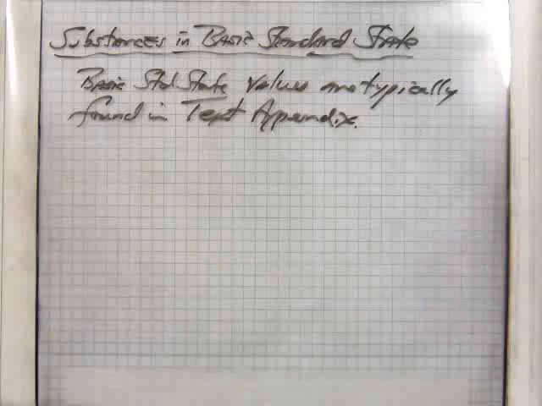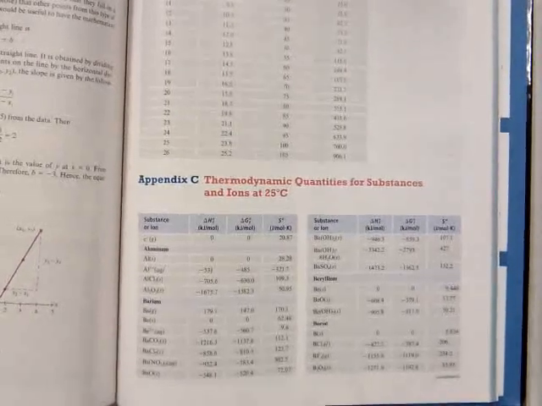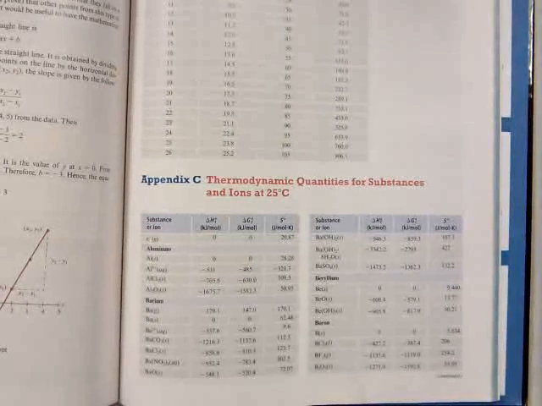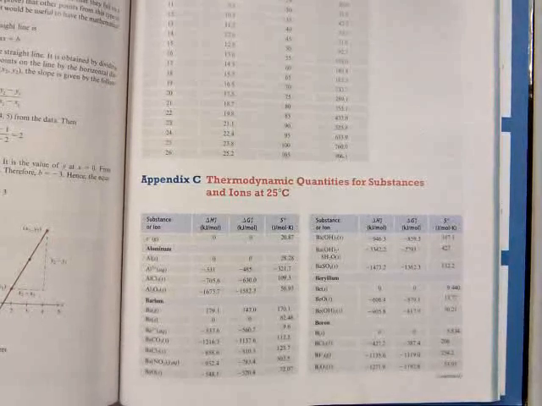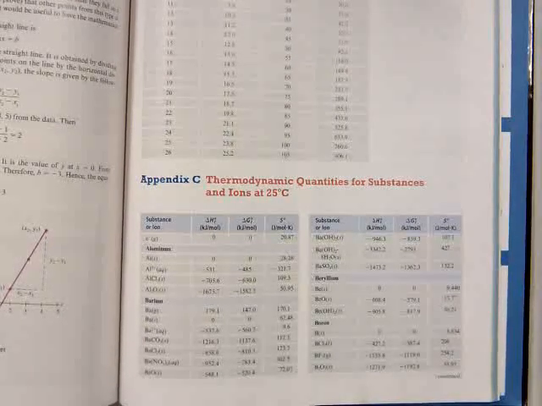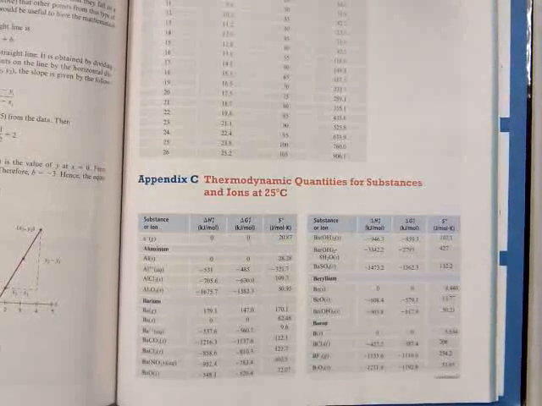They're called thermodynamic standard states, if I can find it. So Appendix C in Ebbing's text says here is thermodynamic quantities for substances and ions at 25 degrees C, and you can throw in 1 atmosphere into that, okay?